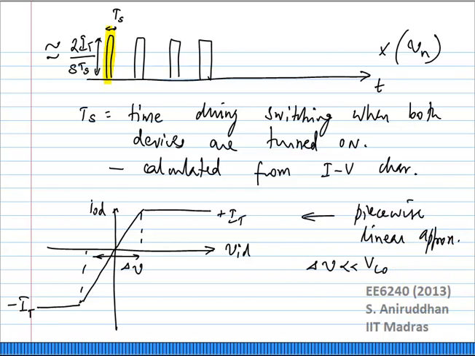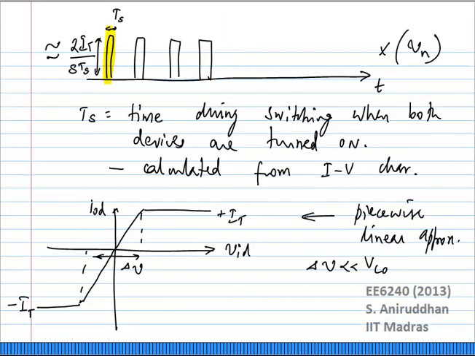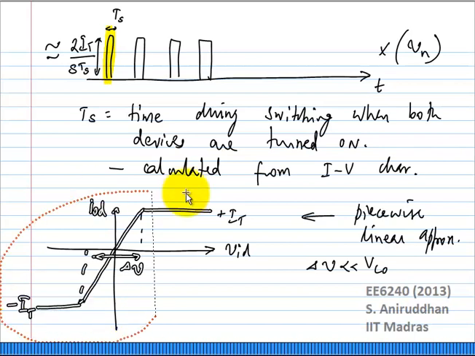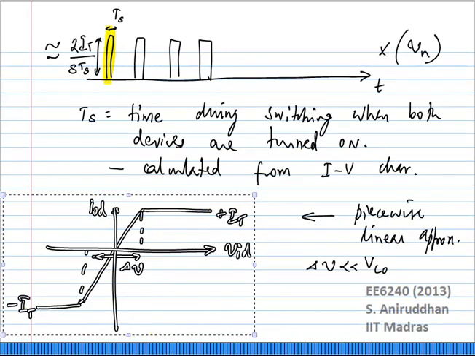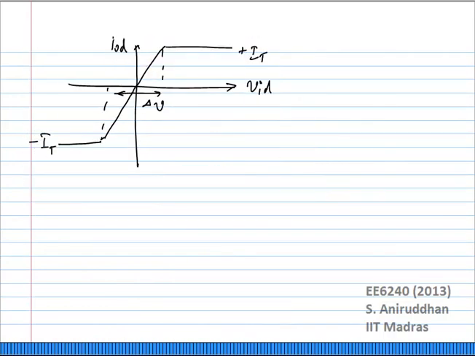And if you need to generate the transconductance from this, how do you generate it? So I'm just going to copy this figure. If you get a VID, the transconductance will look something like this.